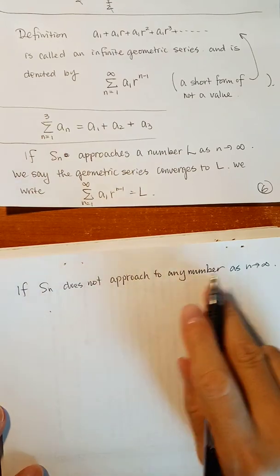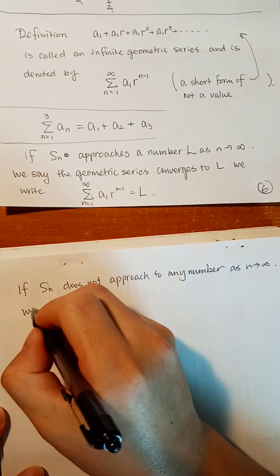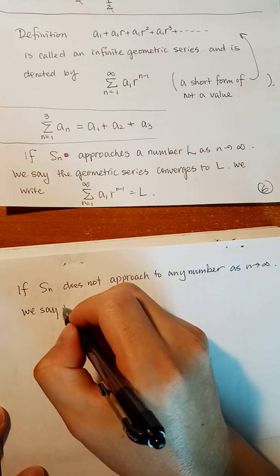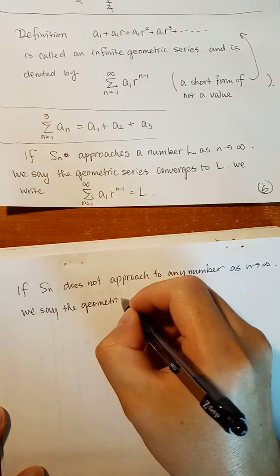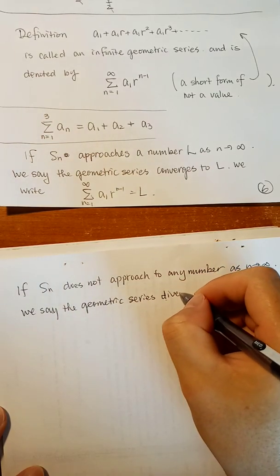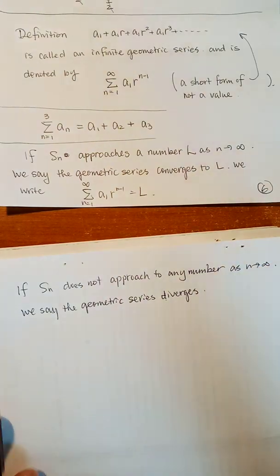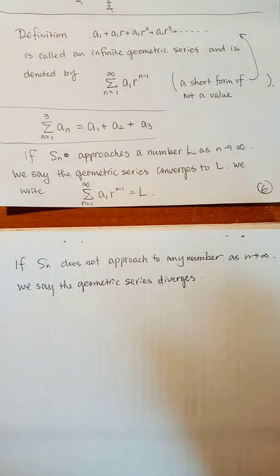If Sn does not approach any number as n approaches infinity, we say the geometric series diverges. Converges means when you have a number. Diverges means when you do not have a number.